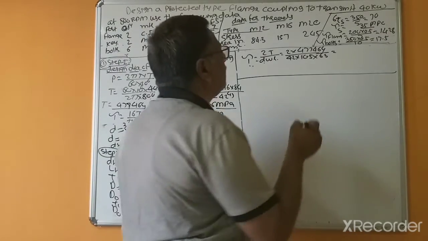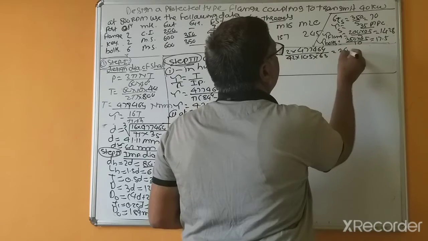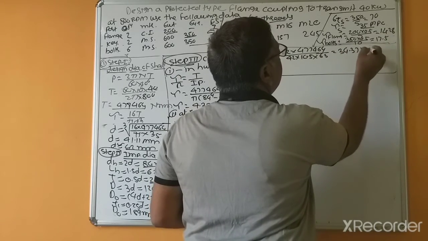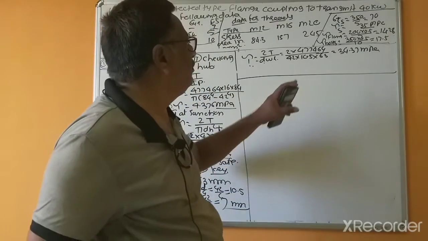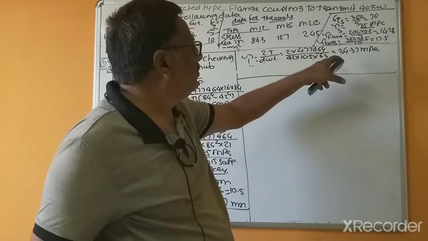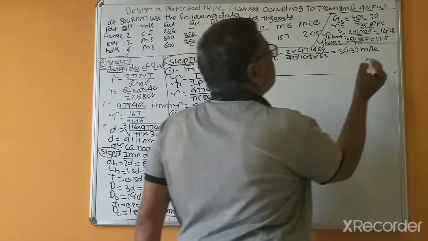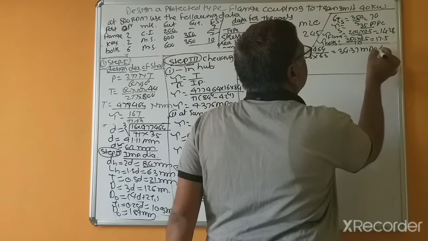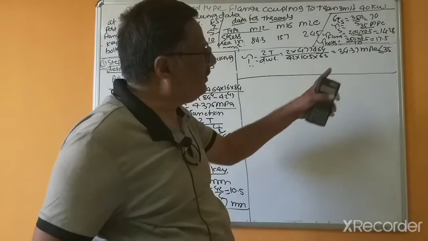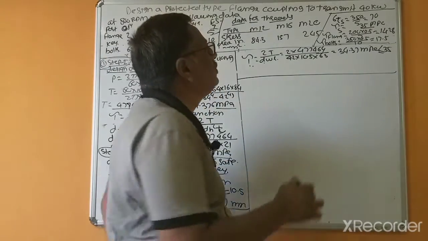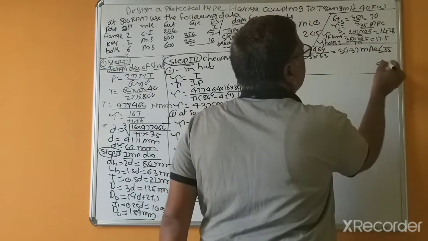So I got 34.37 megapascals, means design is safe. Because this is less than 35. Now 70 and 105, this should be 105.